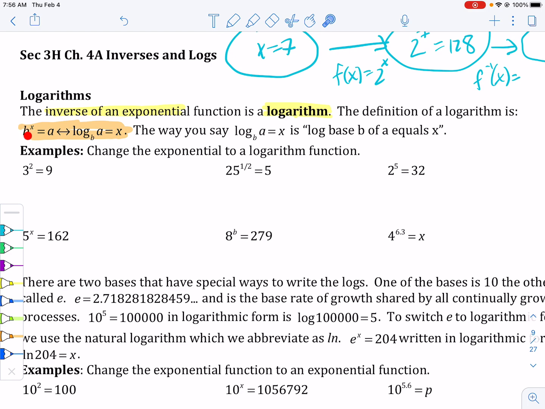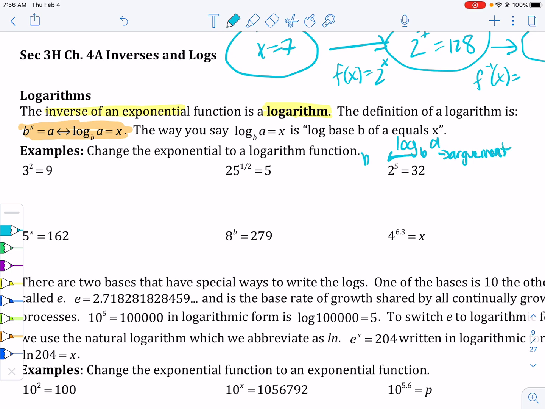So notice here, the base is with the exponent. Here, the way that we say it helps us remember that it's a base. So log base, and notice this is what we call a subscript, so it's just below the log. So base b, and then we've got this thing. This we call the argument.